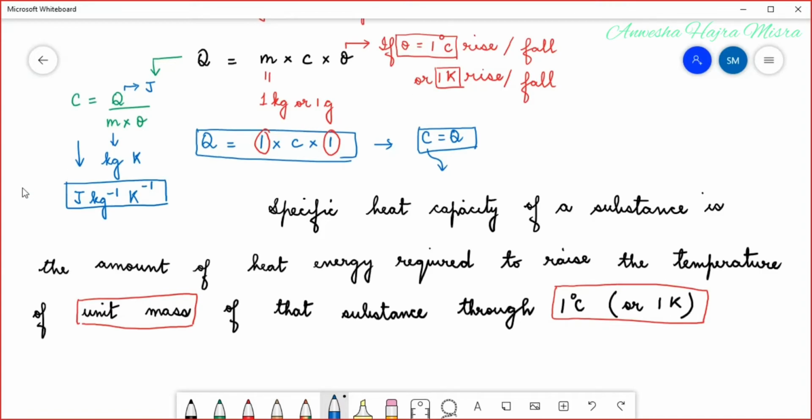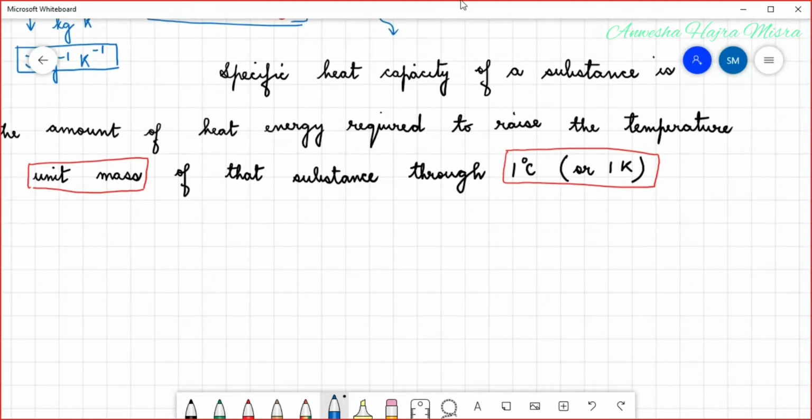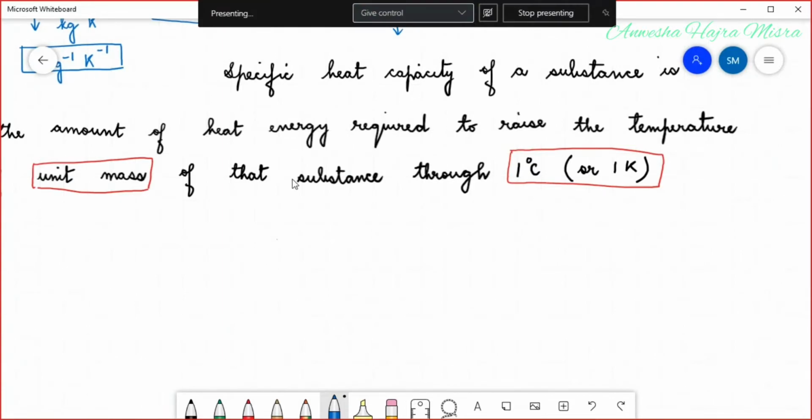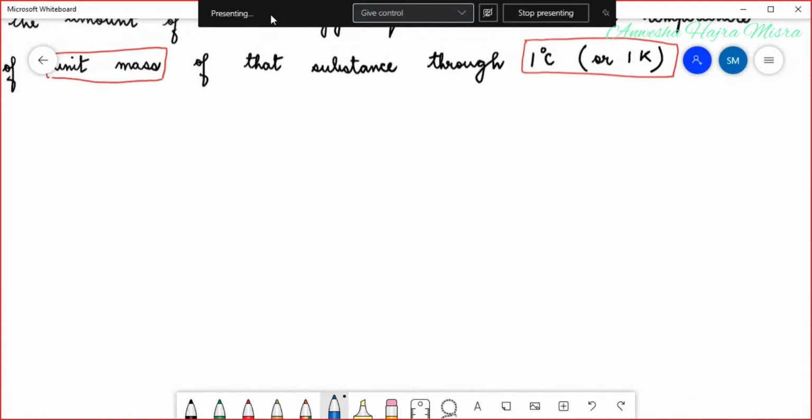At times, instead of specific heat capacity, heat capacity is given. Now what is this heat capacity?